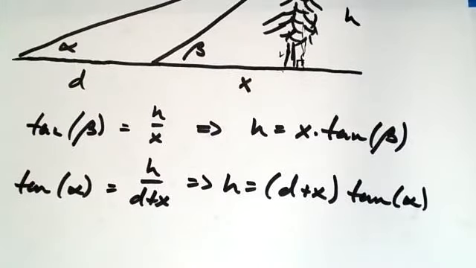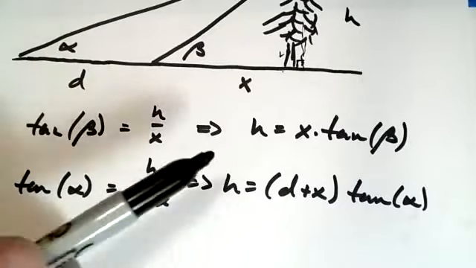How do you solve a system of equations where you have two equations with two unknowns? Usually you do one of two things: either you use what's called the addition method, or you use substitution. In this particular case, maybe addition might work.